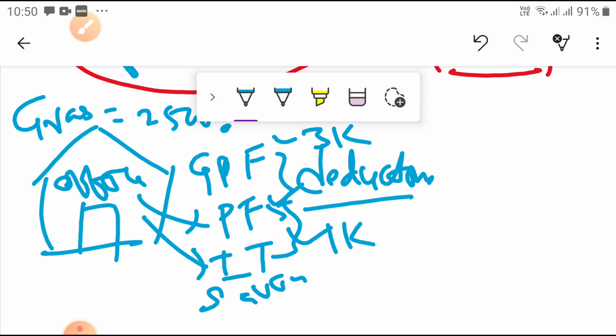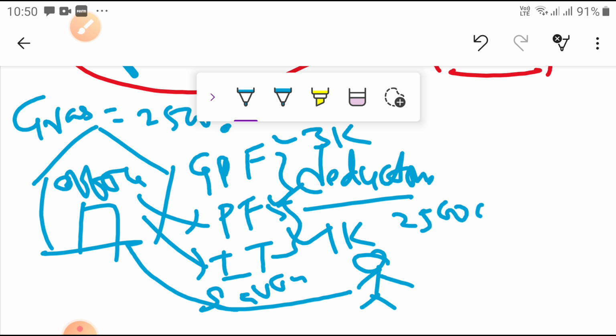Then what is the salary? The accountant will give your father 25,000 minus 3,500 rupees.